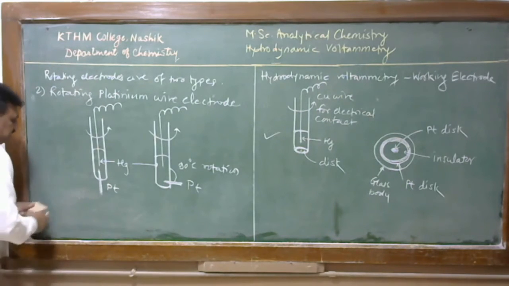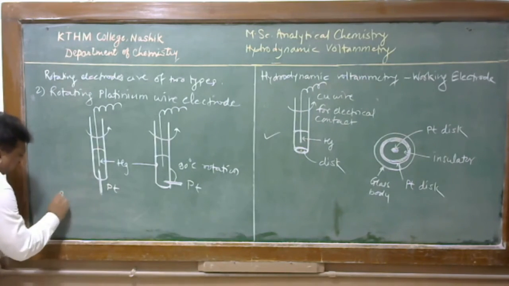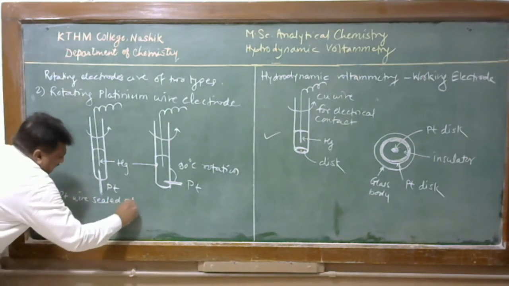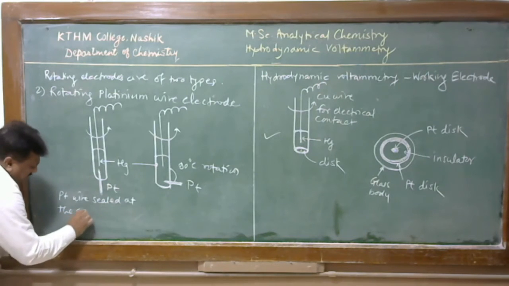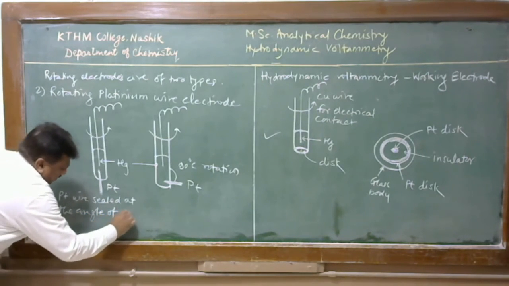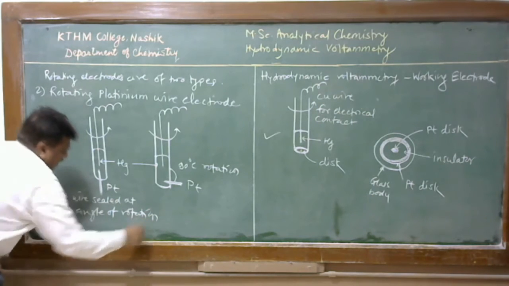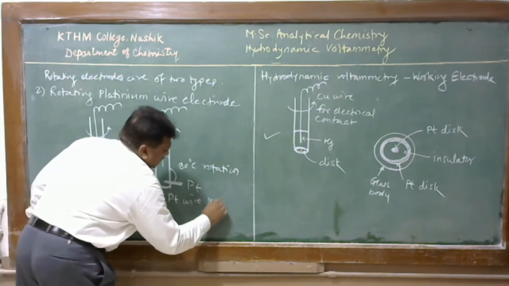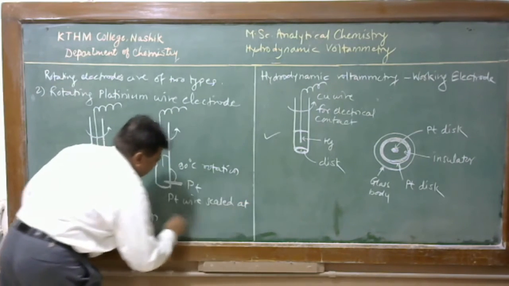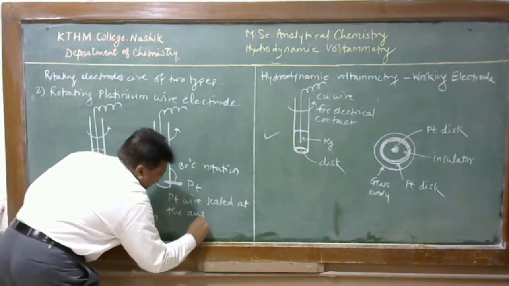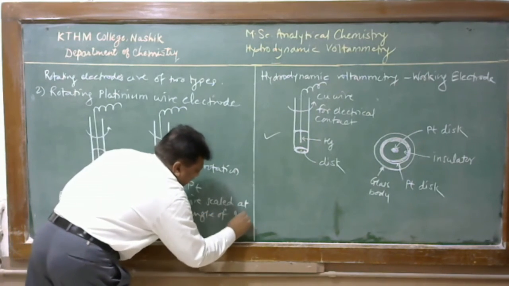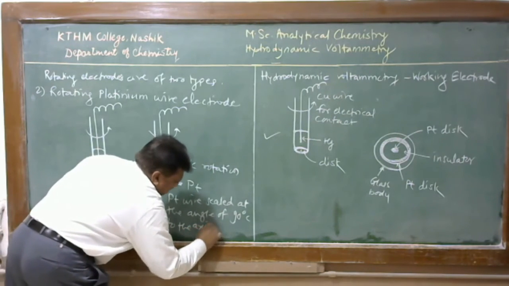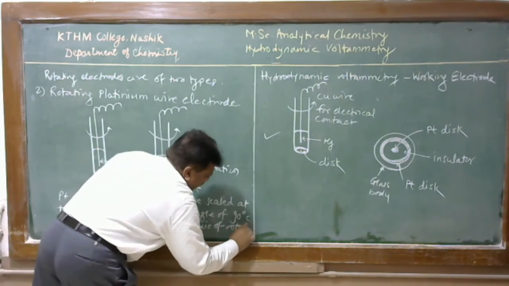Here this is a platinum wire sealed at an angle of 90 degrees to the axis of rotation.